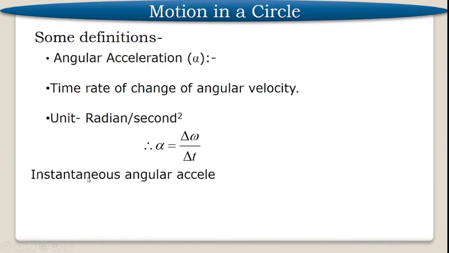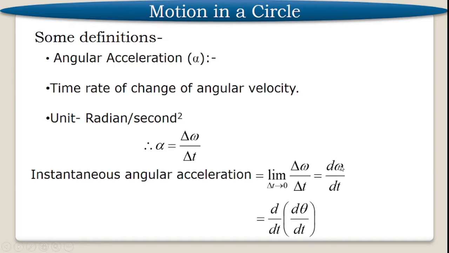And if we want to find instantaneous angular acceleration, then by taking a limit of time, as previously, we can find it like this: limit del t tends to 0, del omega by del t, which is equal to d omega by dt.